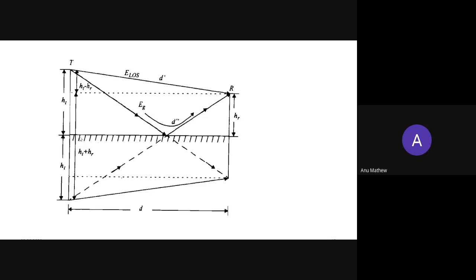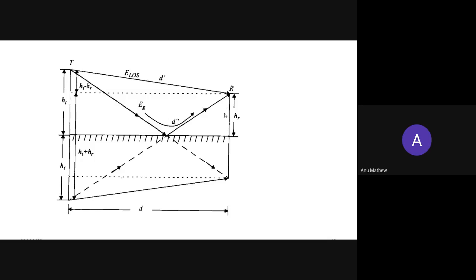D is the distance between the transmitter and receiver antennas, and HT plus HR is the height of the transmitting antenna plus the receiving antenna.